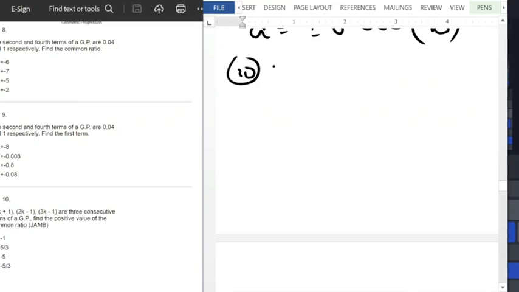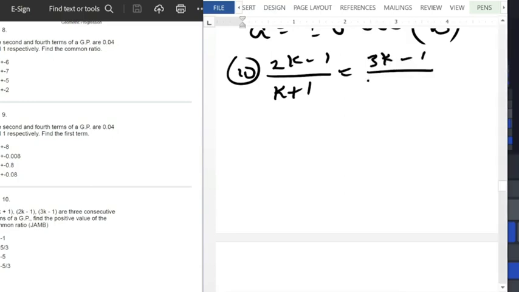It's going to be 2k minus 1 all over k plus 1 equals the third over the second, that is 3k minus 1 all over 2k minus 1.